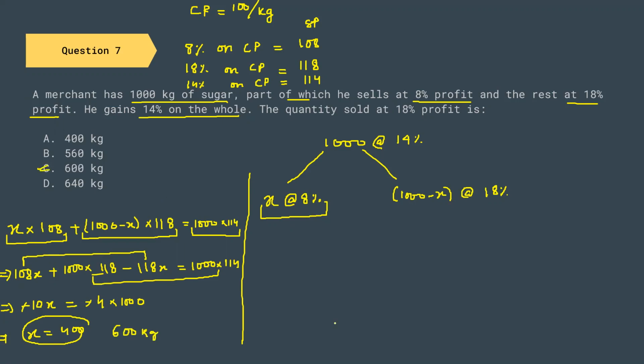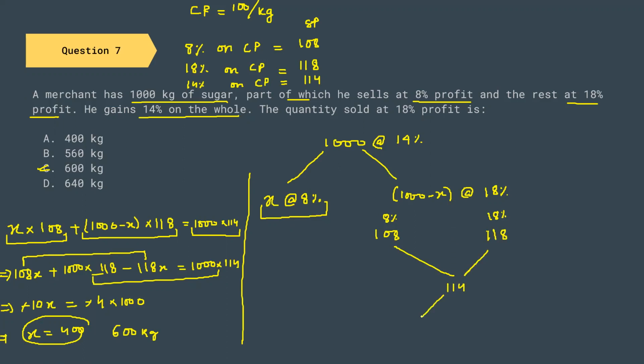Fine. So now let us try another thing. We are taking a mixture. We are taking sugar with a selling price of 108 rupees, that is your 8% profit, and we are taking another quality of sugar with 18% profit, that means the selling price is 118, and we are mixing them to get a cumulative profit of 114.